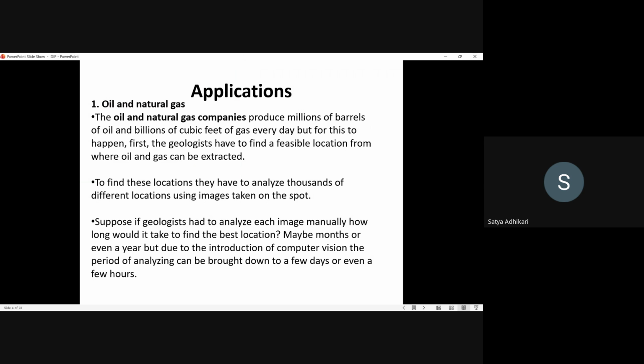So within a few hours, it can be done by using AI or computer vision. The machine will run and detect that. If the number of photographs or images is large, it takes more time if done manually by humans.